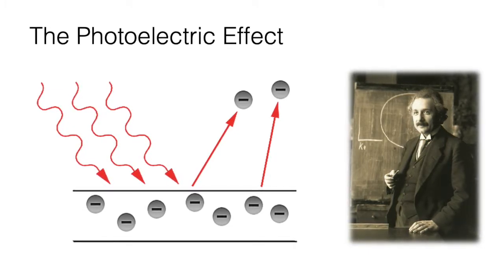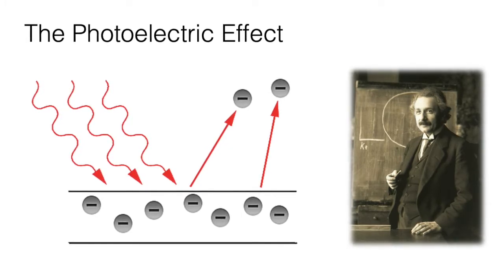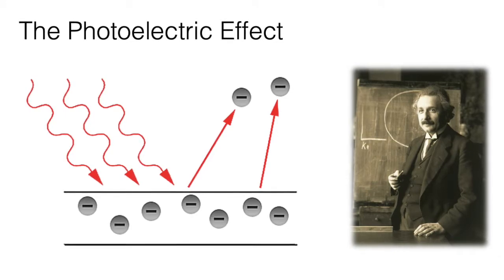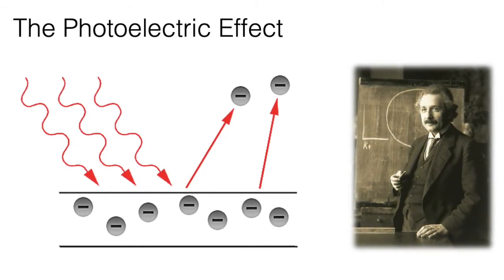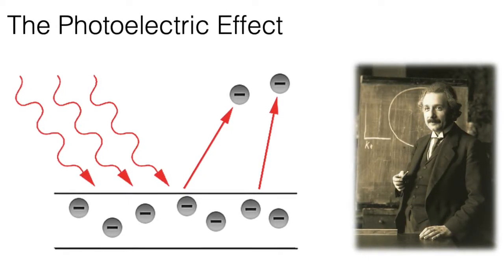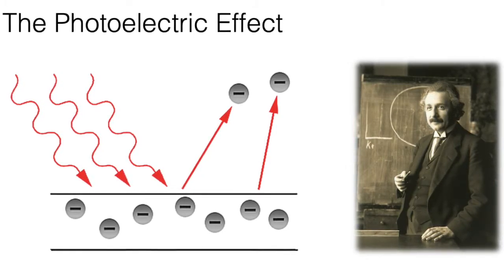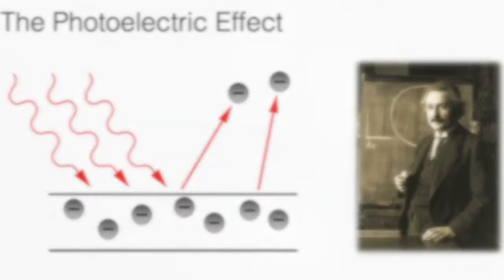This was ultimately solved with Einstein's quantized particle model of electromagnetic radiation. It was this theory that won Einstein a Nobel Prize in 1921, and this birthed a branch of physics known as quantum mechanics, which ended up having an enormous impact on the world of chemistry and on the world as a whole.